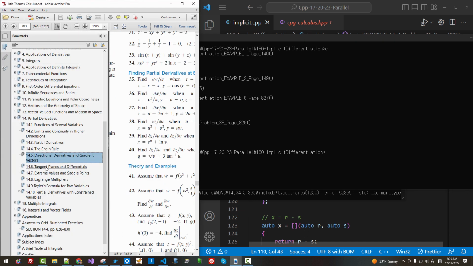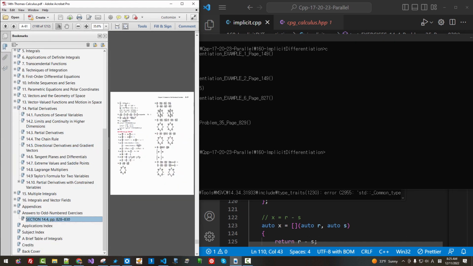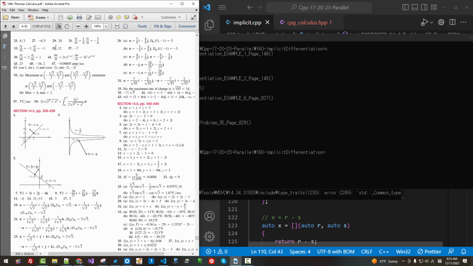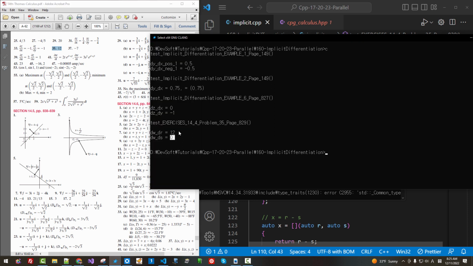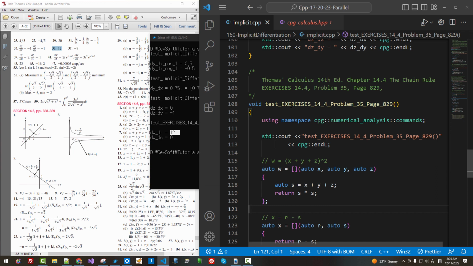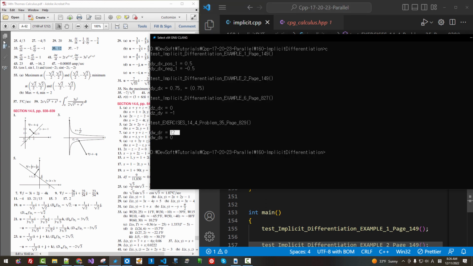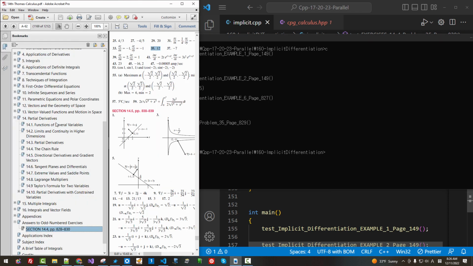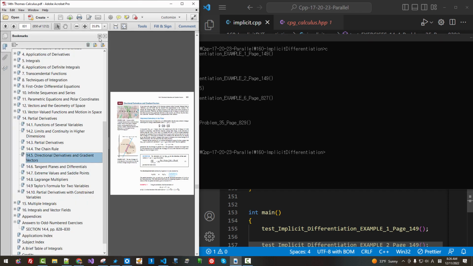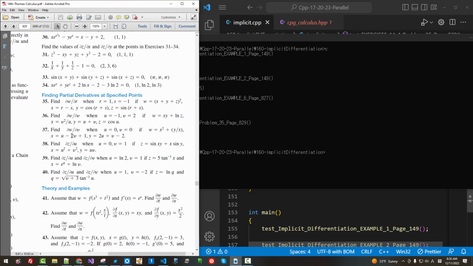You can check the answer here, it is 12. The answer is 12 because this problem asks for dw/dr, which is 12.